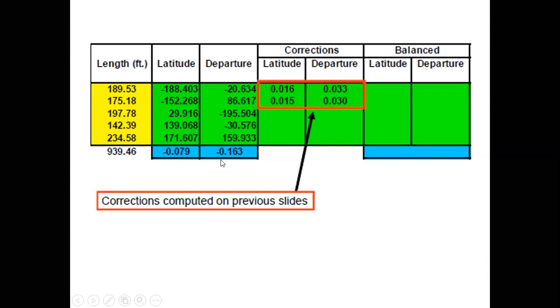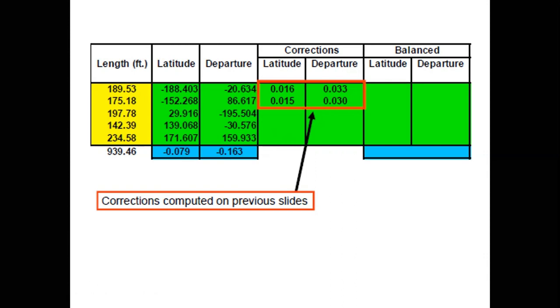Of course, if the total error were a positive value, we would expect all of the corrections here to be negative, since our aim is to make the sum zero.